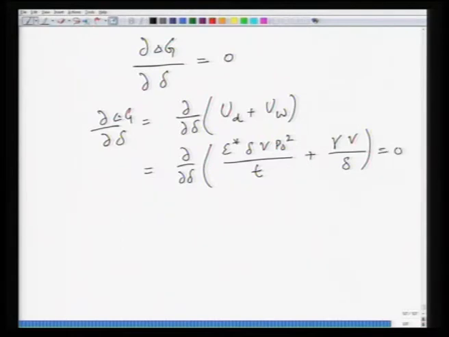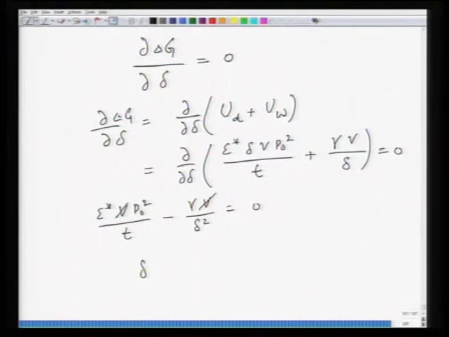The first term becomes epsilon star V P naught square divided by T, and the other term becomes minus gamma V divided by delta square, and this is equal to 0. Of course, V goes out.